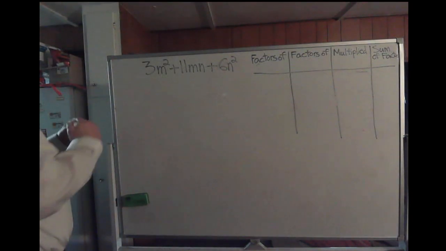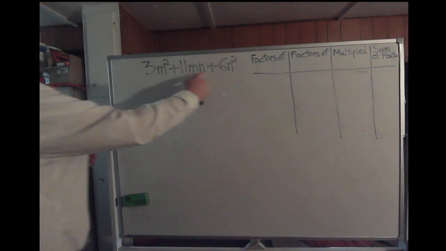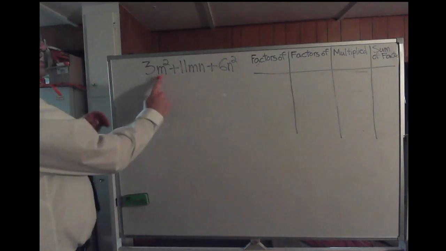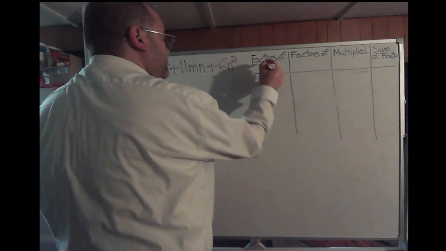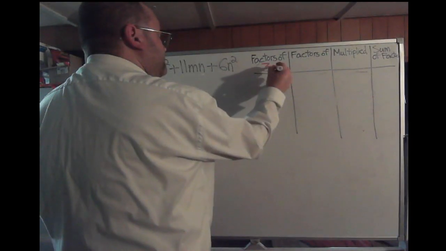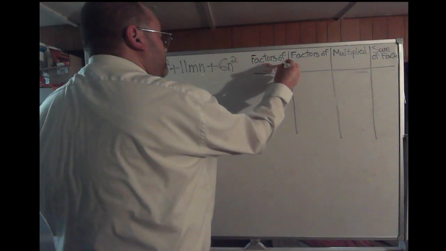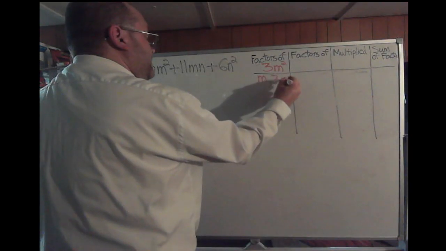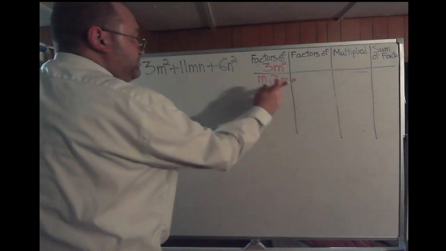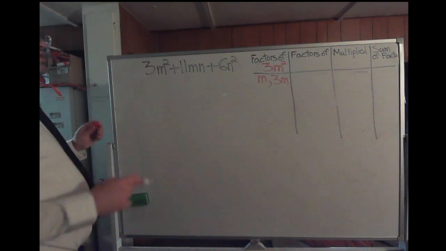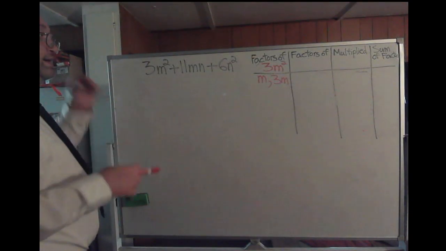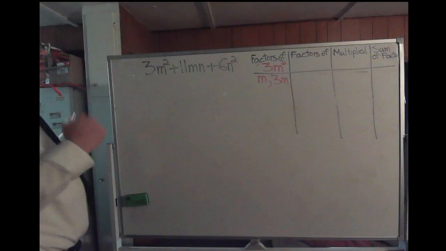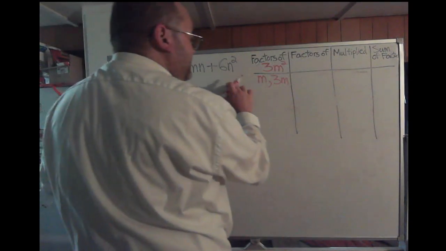Alright, so we got 3m squared plus 11mn plus 6n squared. Well, first still take your factors of 3m squared, which would be m and 3m. That checks out, because if you take m times 3m, you get the 3m squared. So those are viable factors of 3m. Everything is positive in this polynomial, so good news is we're not going to have to worry about any negatives.